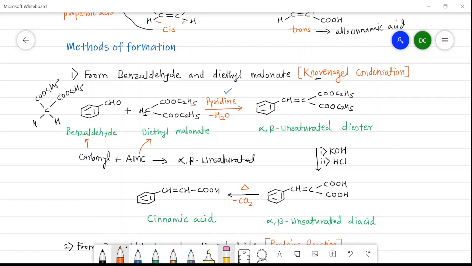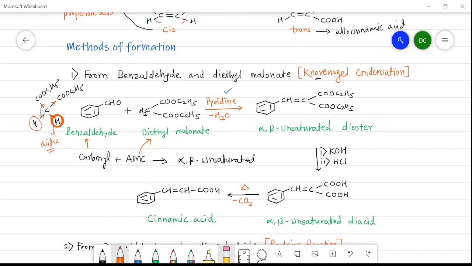Now the ester groups withdraw electrons from this bond towards themselves. This causes the weakening of the carbon hydrogen bond. So these hydrogens attached to the carbon become acidic.